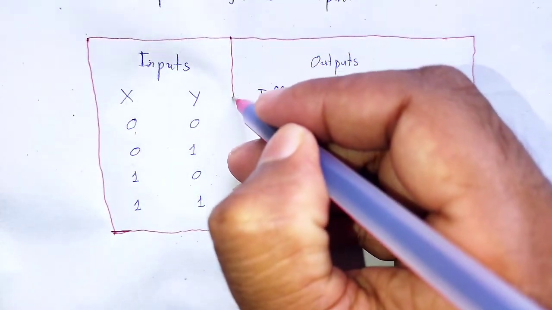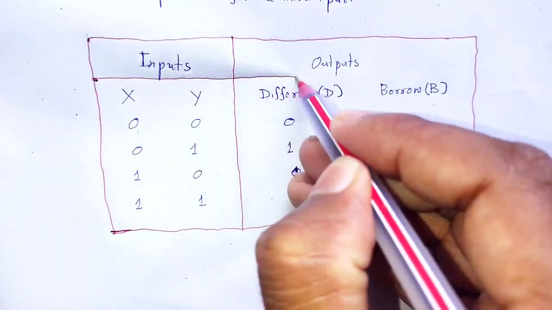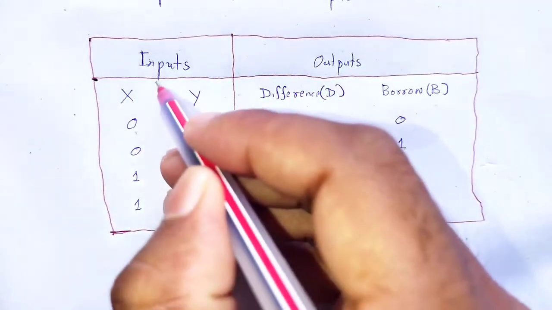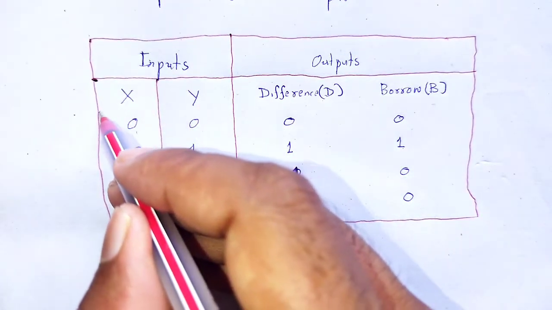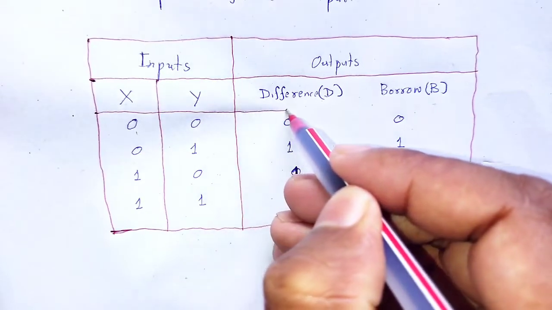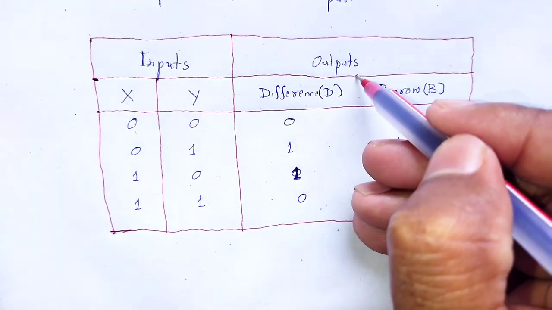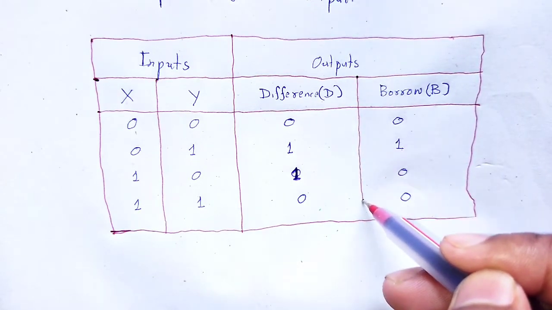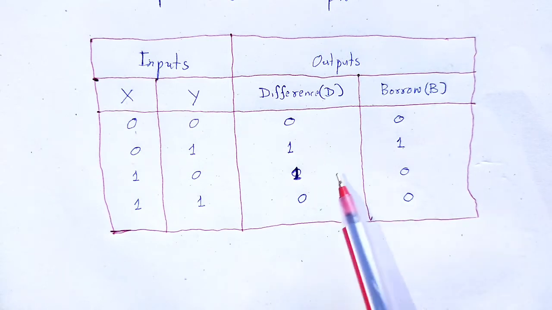It has two inputs, x and y, and also two outputs, one for difference, another for borrow. Look carefully at the truth table.